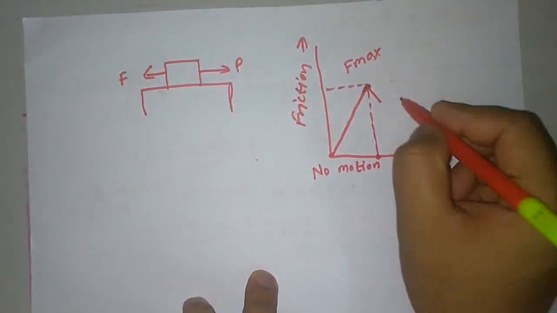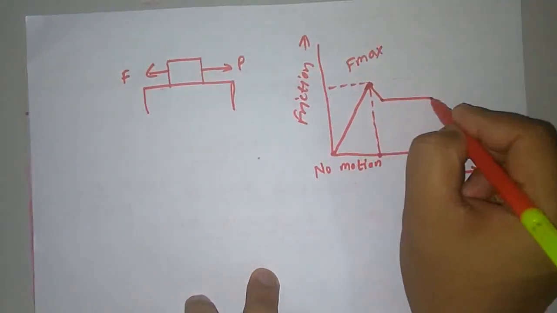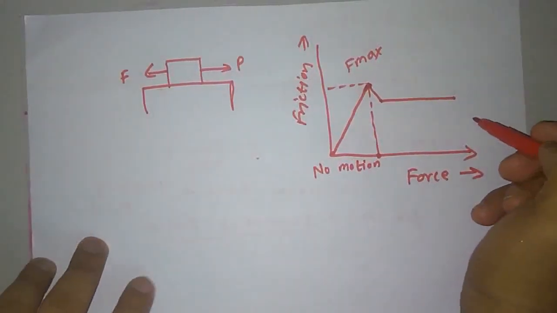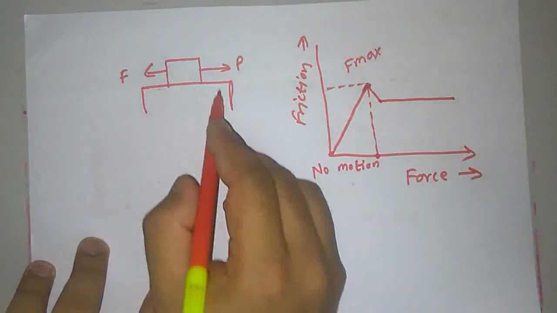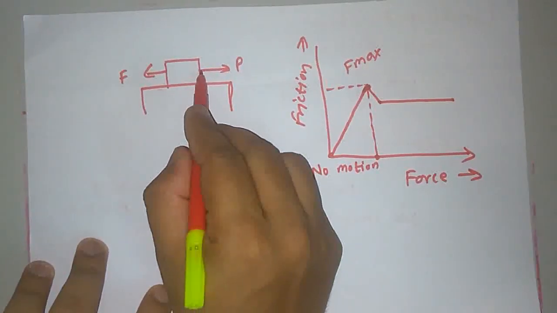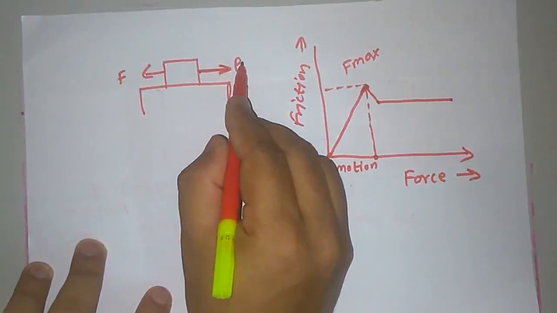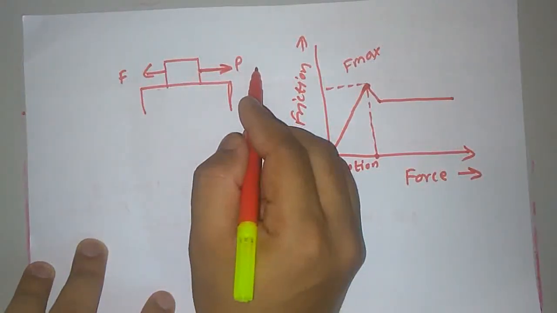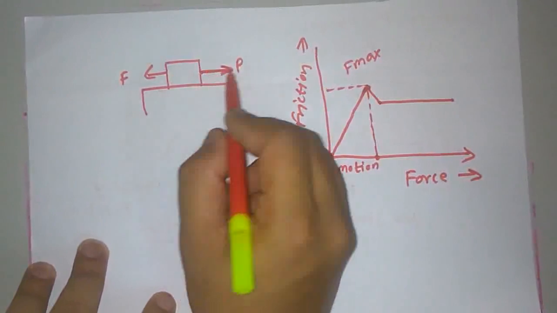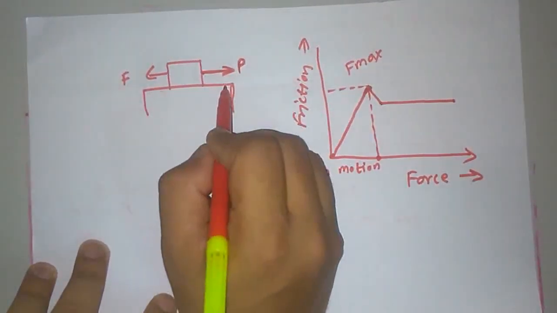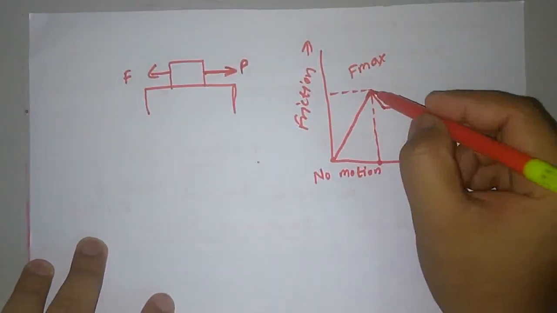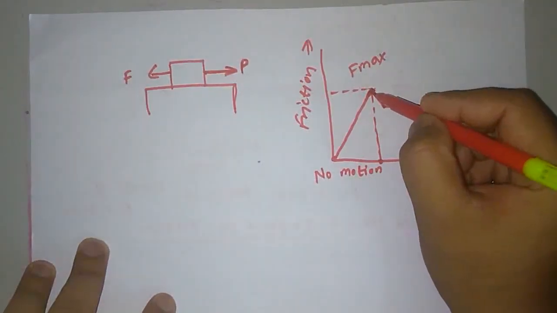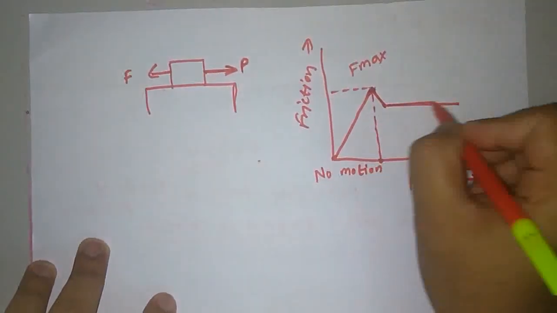After that, while moving, the frictional force remains constant. You can feel this in day-to-day life: when you move a block, at the start we need an extra force, but once it starts moving, we require less force. When you start to move, the frictional force suddenly drops and then remains constant.